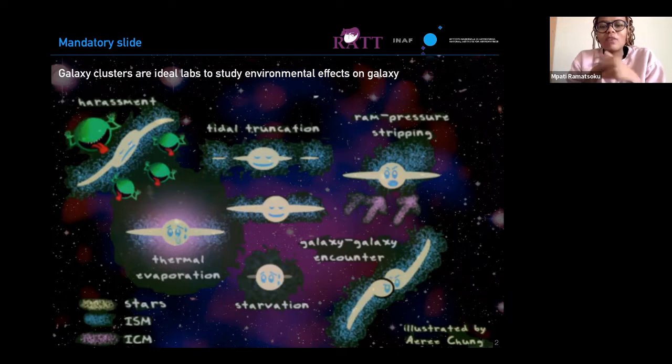And you have a lot of random motions, galaxies going around the center and falling in and going out of the center, et cetera, et cetera. And during these kinds of motions, galaxies tend to undergo a number of mechanisms that affect their gas composition or their star composition, or both in some cases.